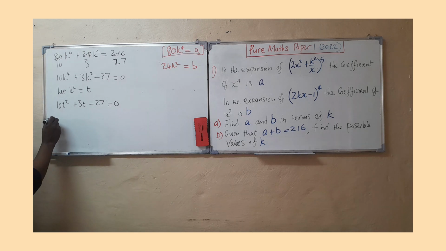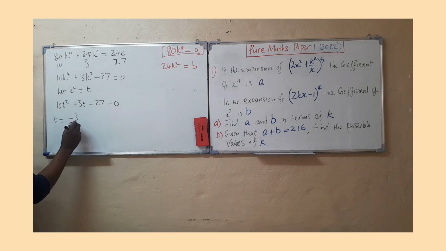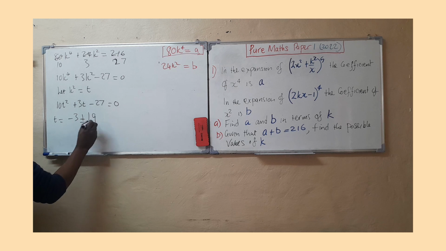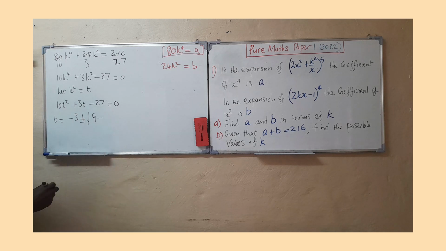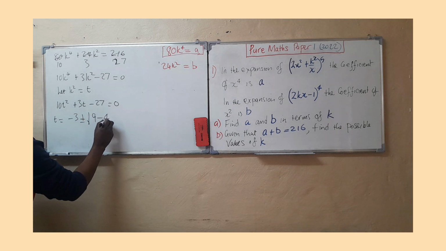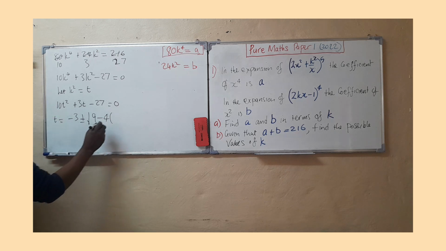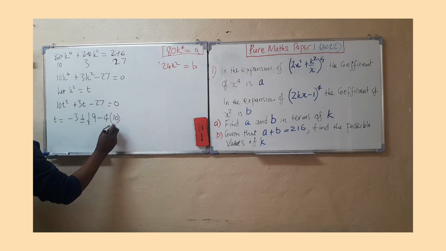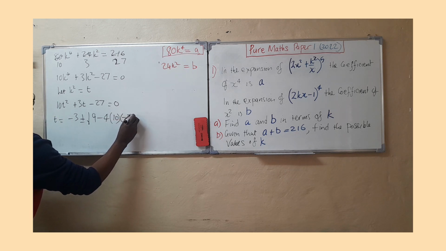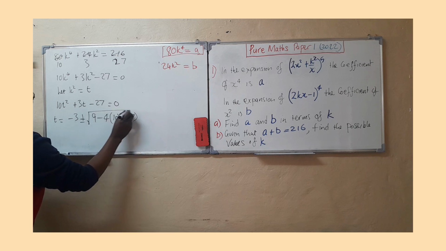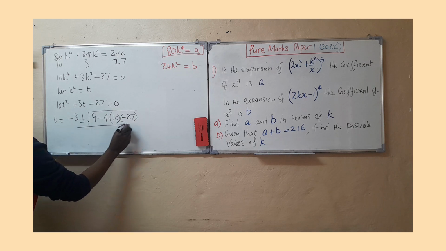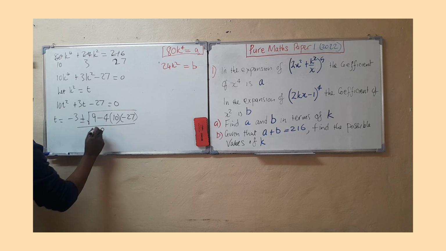So t is equal to minus 3 plus or minus the root of 9 minus 4 times a, which is 10, multiplied by minus 27, all over 2a, which is 20.